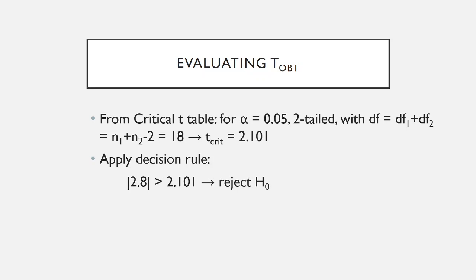It's just about whether or not your obtained t is farther away from zero than the critical t. So in this case, we have cleared the critical t value, and as such, we can reject the null hypothesis of the groups being the same. And thus, we can conclude that memory strategy does appear to affect performance. Okay, the people who used the imagery strategy had a higher number of words that they were able to recall.